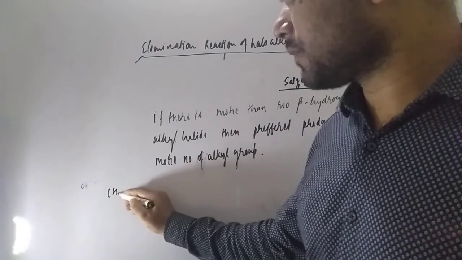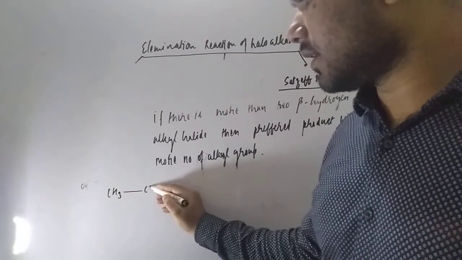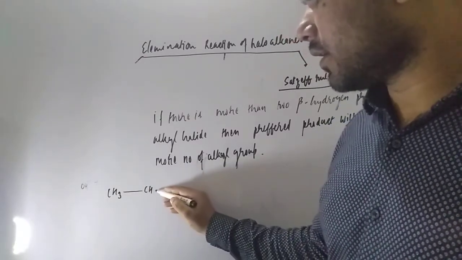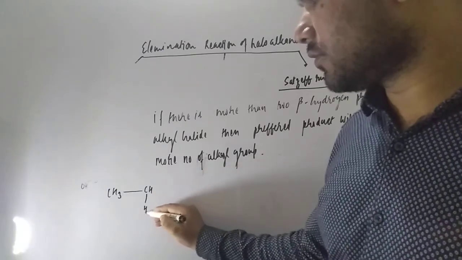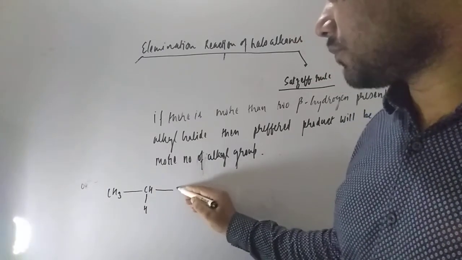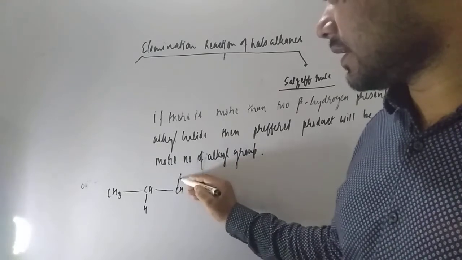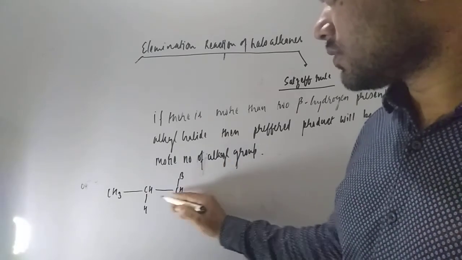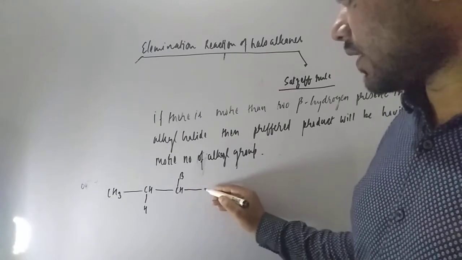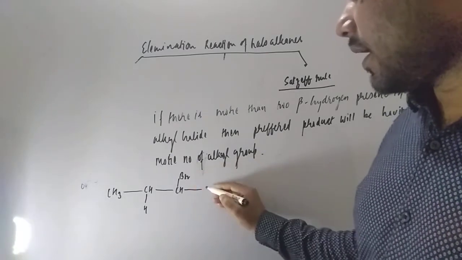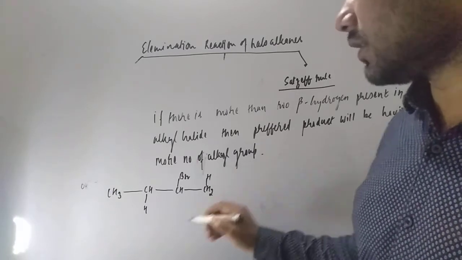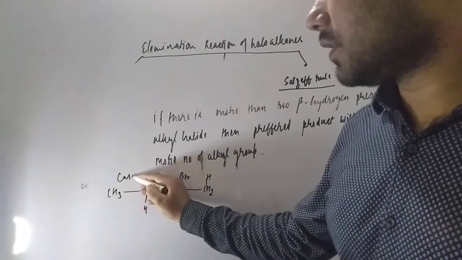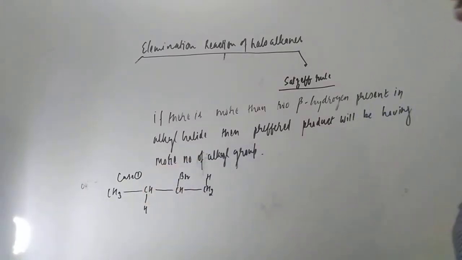Suppose we have CH3, here is CH2, and I am putting hydrogen here, and then again here is CH2, and on this side there is Br. So case number 1, students.